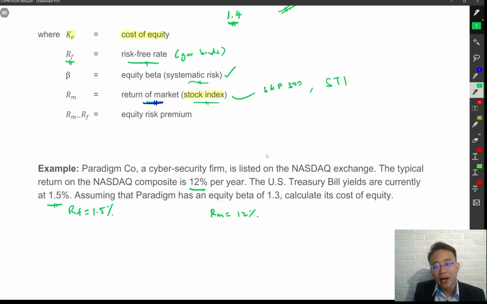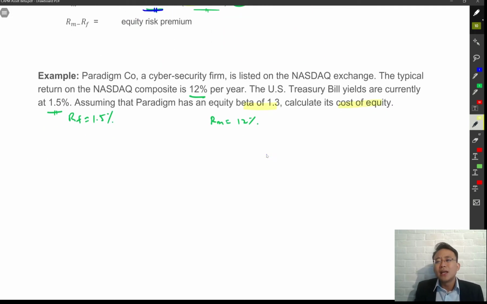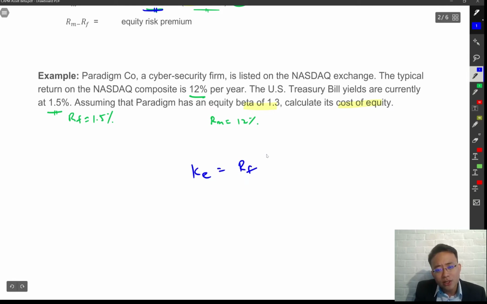Assume that Paradigm has an equity beta of 1.3, therefore calculate its cost of equity. Now, this is so easy. Let's just put the working in. My cost of equity is your risk-free plus beta times (RM minus RF). So my RF, risk-free, is 1.5%. My beta is 1.3.